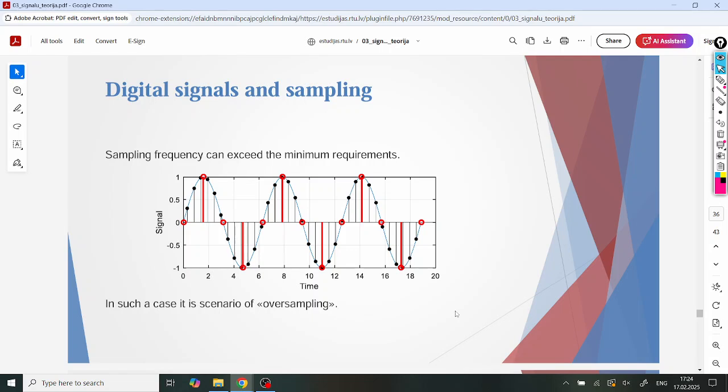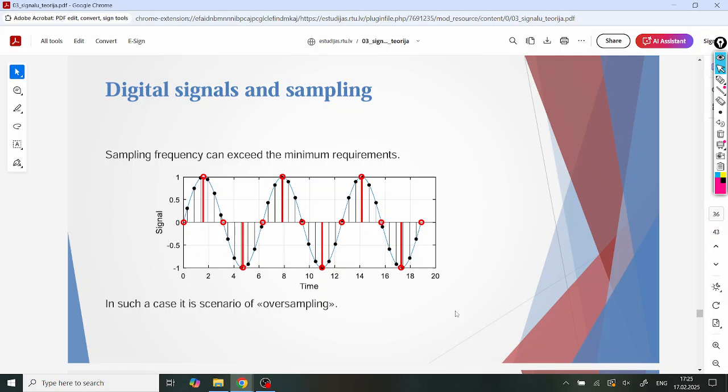But apart from visualization, I don't really see much point in oversampling, especially in tasks like computer networks or computations, because this is going to cost you more computational time, more transmission time, more resources, without giving you anything in return.